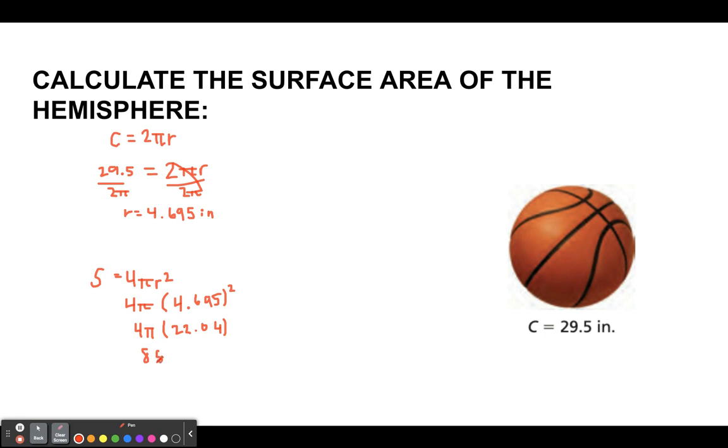That's going to give me 88.16 pi. And then when I plug that into my calculator, that is going to give me approximately 276.1996 inches squared. Okay, and that was calculating the surface area.